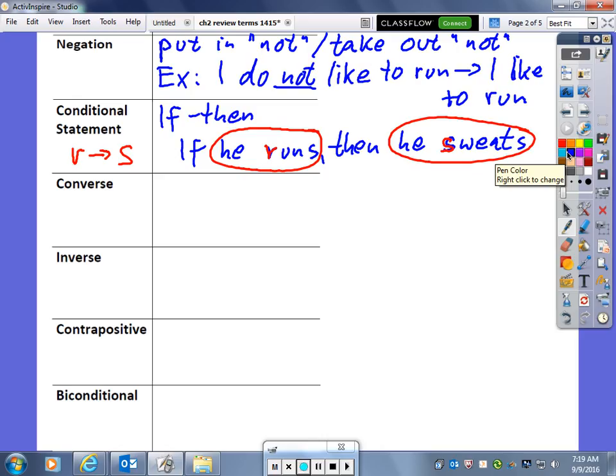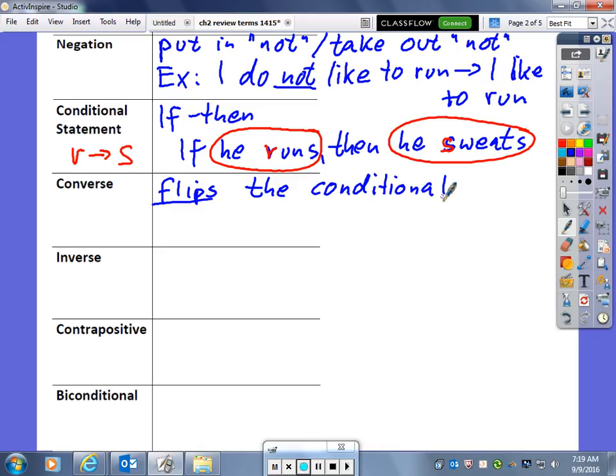Look at the converse. The converse flips the conditional. Flips, you can also think moves, and think about our Converse sneakers that help you move around.